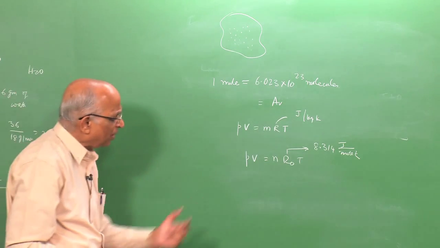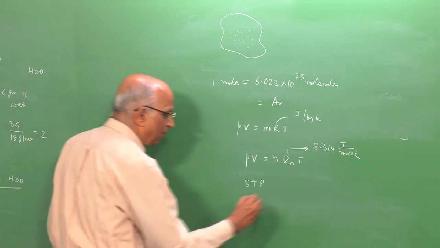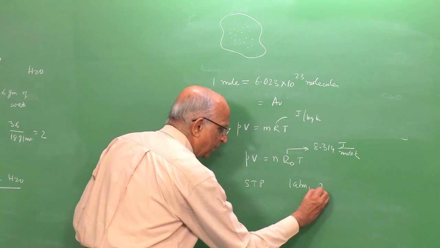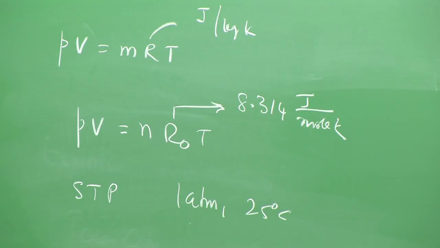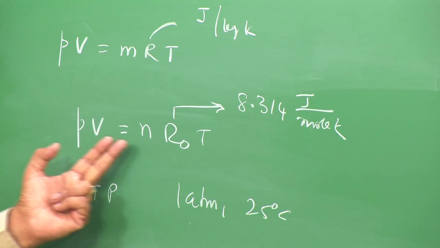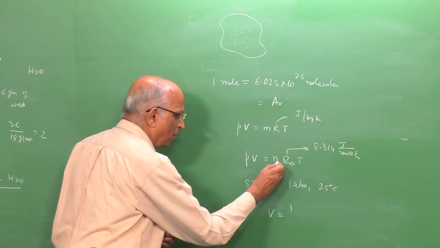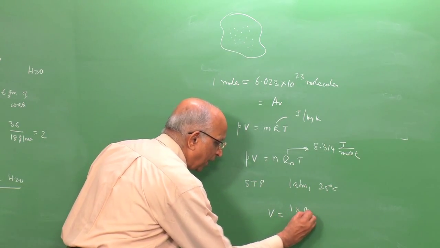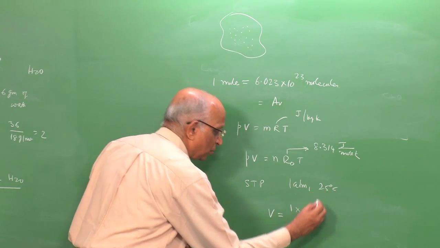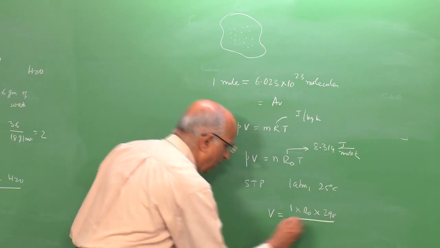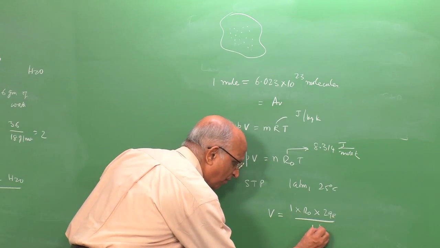From this definition it also works out, if I consider the standard temperature and pressure conditions, namely 1 atmosphere pressure and a temperature of 25 degrees centigrade, which we call standard temperature and pressure. What is the volume occupied by 1 mole? V is equal to 1 mole times R naught, 8.314 joule per mole Kelvin, times temperature, 25 degrees centigrade plus 273, that is 298, divided by the pressure, 1 atmosphere, that is 10 to the power 5 Pascal.